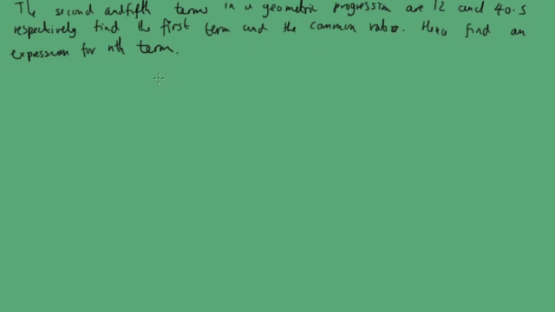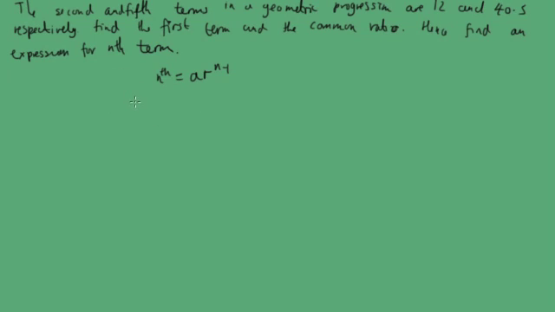Okay, so remember our general formula is the nth term is A R to the n minus 1. Now, just like we used for the arithmetic series, we can use information to have a couple of simultaneous equations that we can then solve for our unknowns.